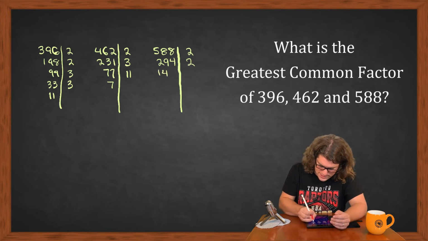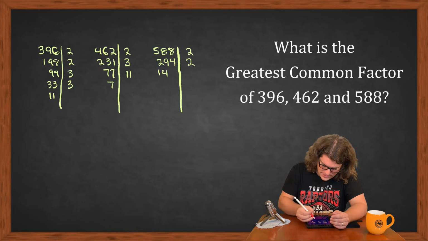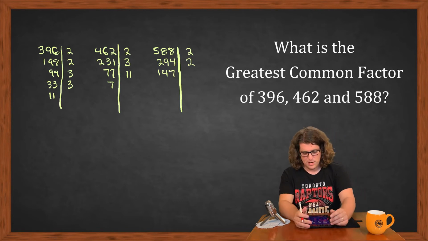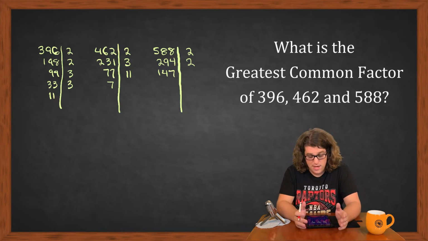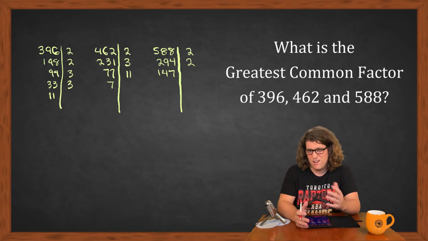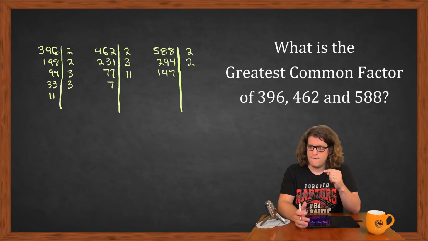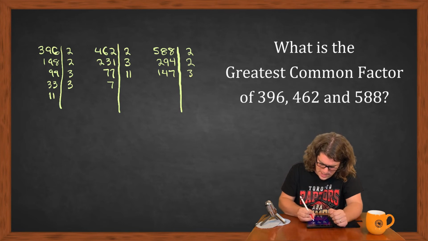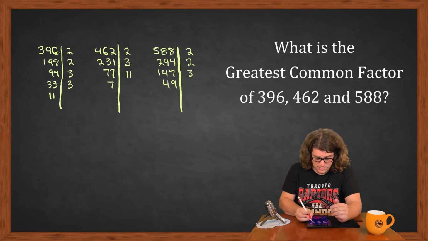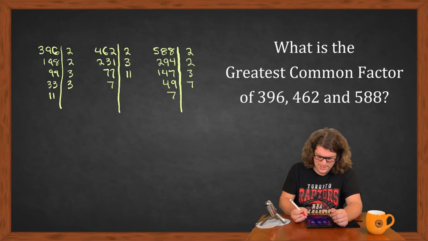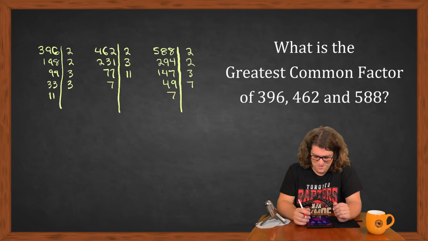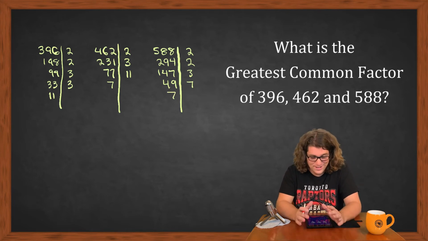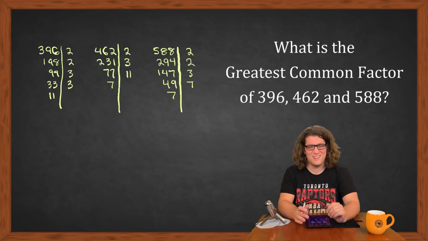So that's 147. There we go. 147, and then I have 3 will go into that. 150 would go in 50 times, so 1 less than that is going to be 49. And then I know 7 goes into 49 and leaves me with a 7. Whew, done all my dividing and factoring, so that's good. This should be smooth sailing from here.